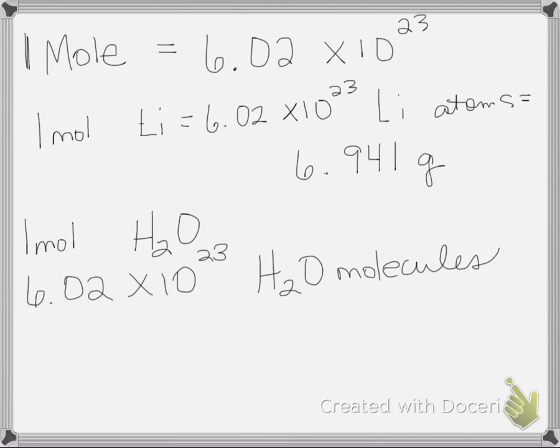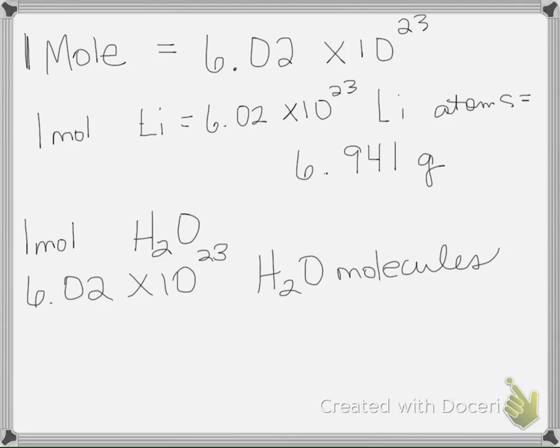Well, don't I have 2 hydrogens and 1 oxygen in water? And according to the periodic table, 1 oxygen has a mass of 16 grams. 1 hydrogen has a mass of 1.01 grams, but I have 2 hydrogens. Is this sounding familiar to what we did last week?